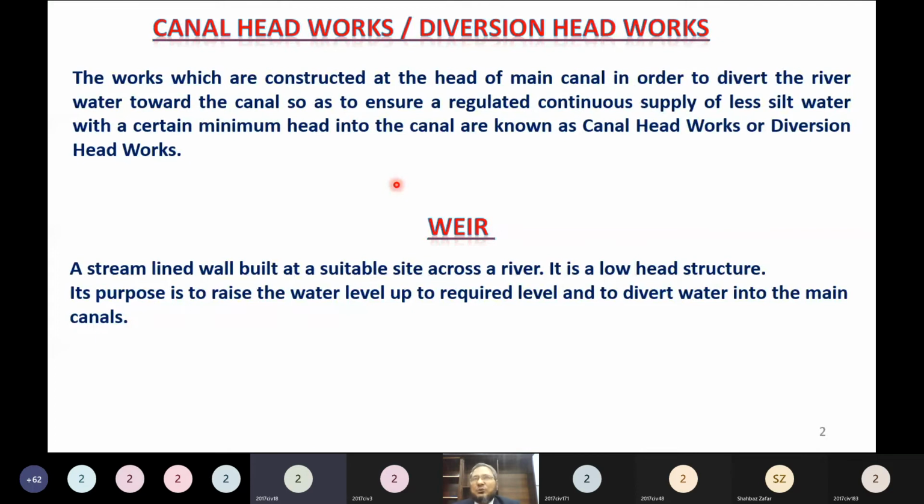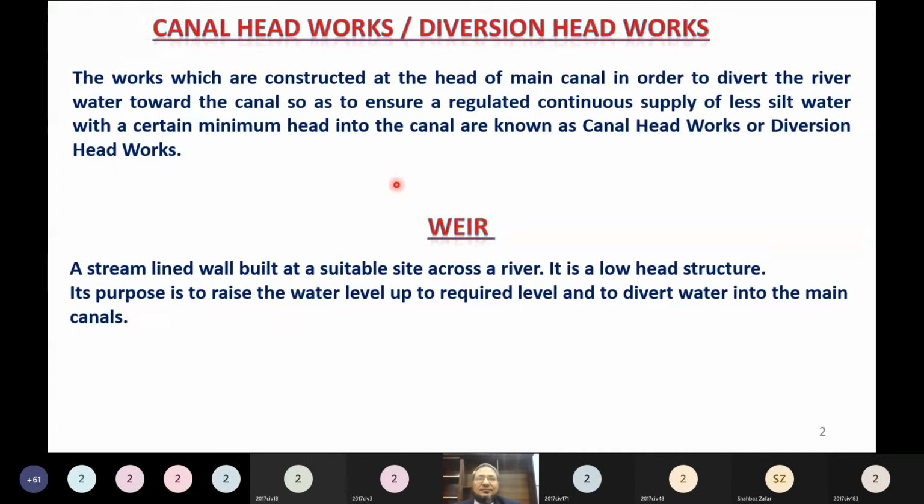Simply, headworks means all works which are constructed at the head of the main canal.